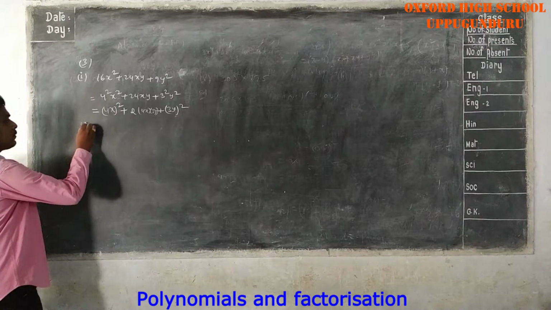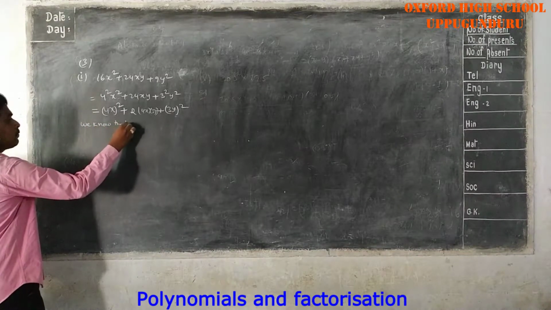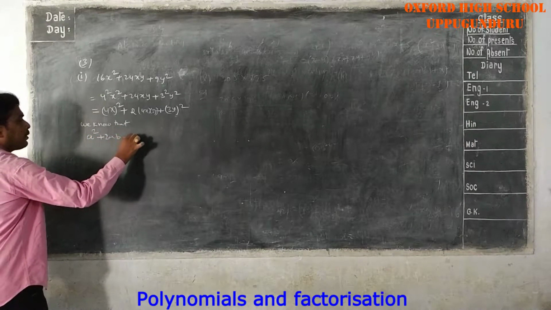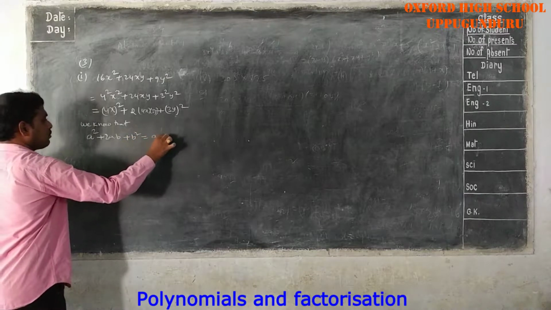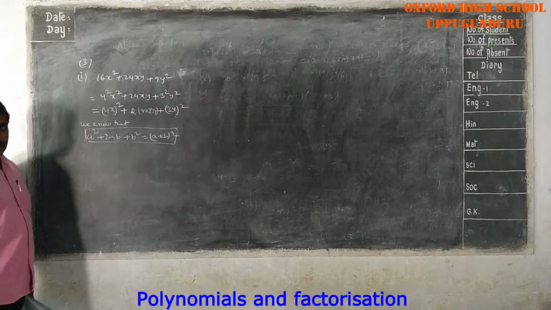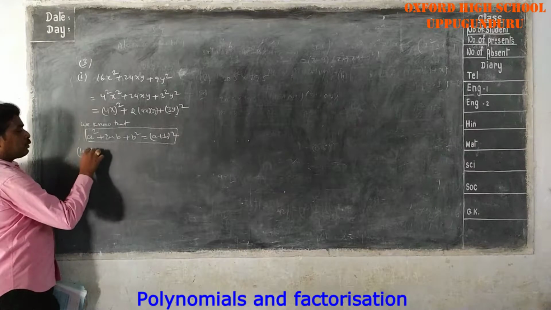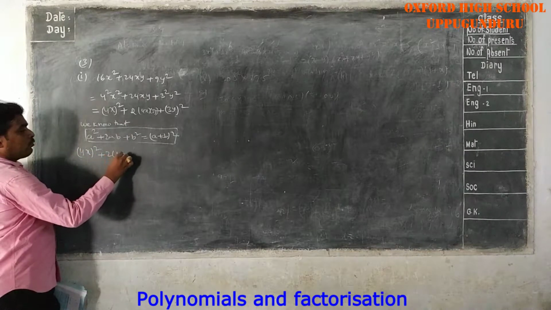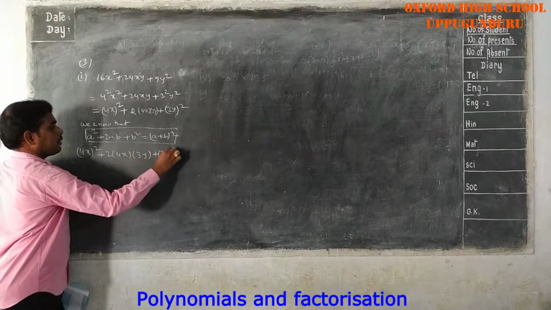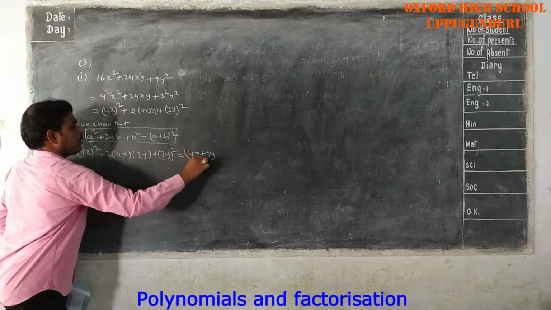You know that a square plus 2ab plus b square equal to a plus b whole square. Now what can you write? 4x whole square plus 2 of 4x into 3y plus 3y whole square equal to 4x plus 3y whole square.